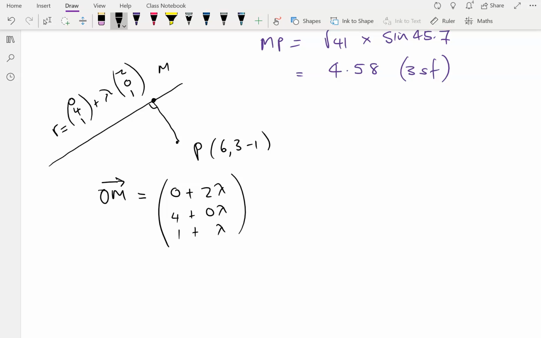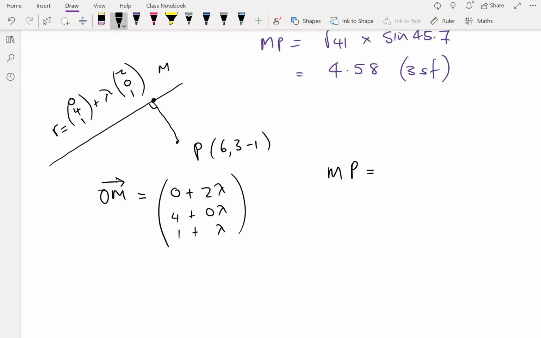And so I can work out the displacement vector, or I don't actually want PM, I want MP.